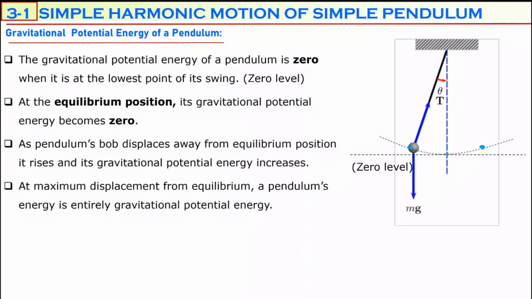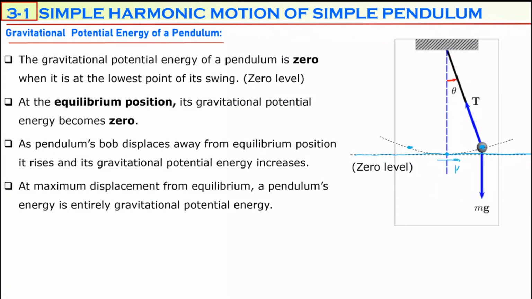But at the equilibrium position, because it is at the zero level, gravitational potential energy becomes 0. But kinetic energy is the reverse. At maximum displacement, kinetic energy is 0 because the pendulum bob stops. But at the equilibrium position, the pendulum bob passes with maximum kinetic energy.